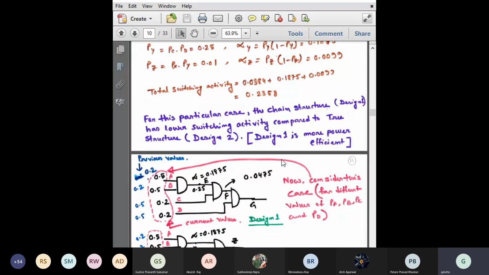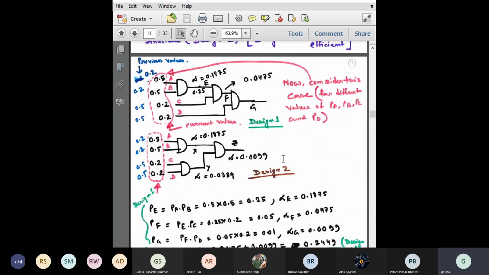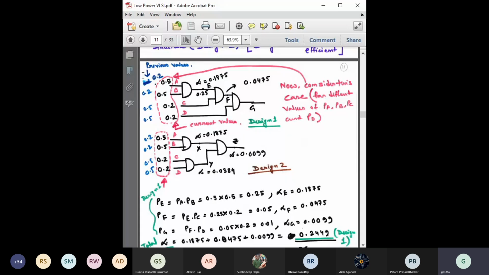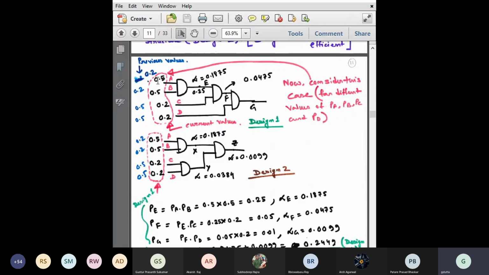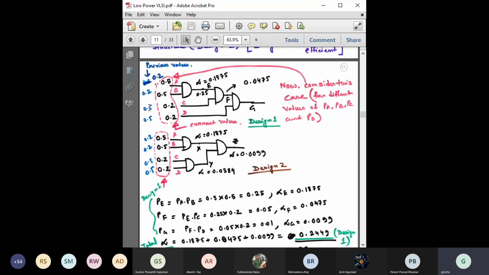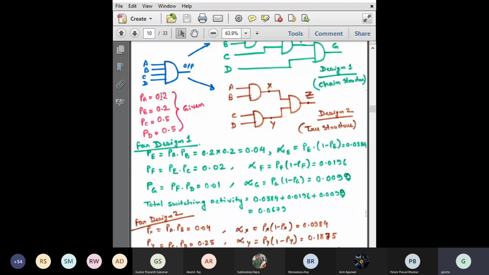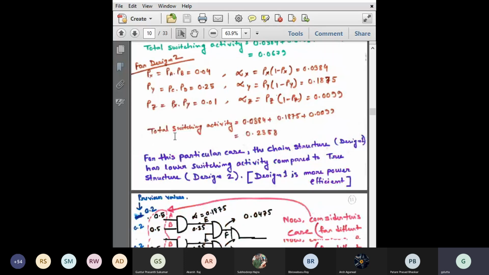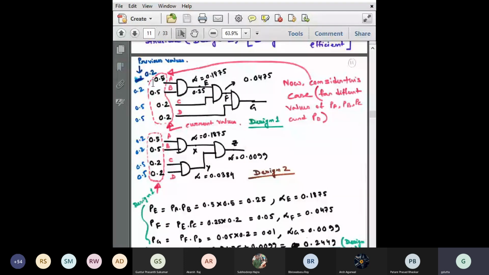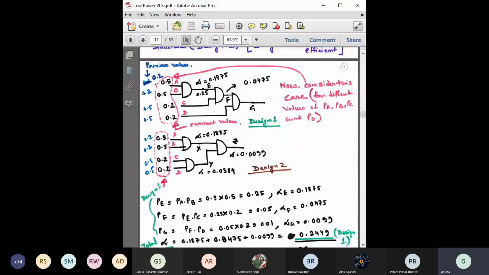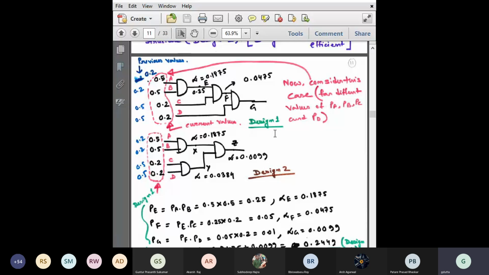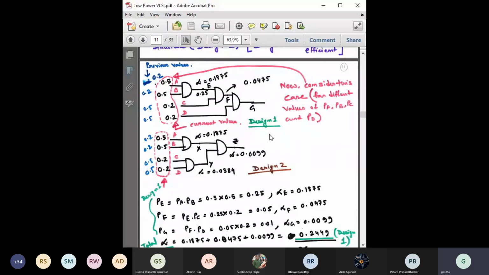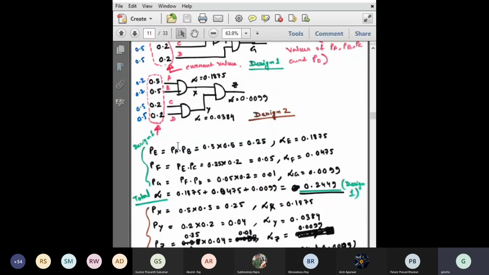Now suppose that in the previous design the values have been changed. Previously the values of PA, PB and the others were 0.2, 0.2, 0.5, 0.5, if you recall. Now suppose you have interchanged them to 0.5, 0.5, 0.2, 0.2. Now see which design is good. Again, I am not going through the whole thing again, it is the same; you can do it.